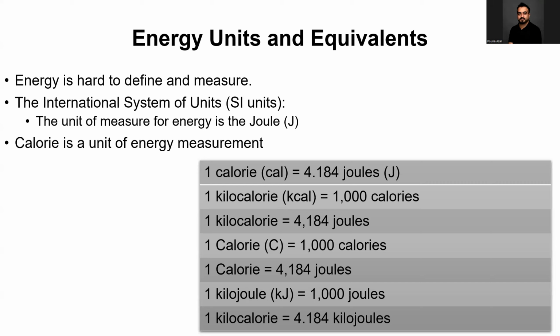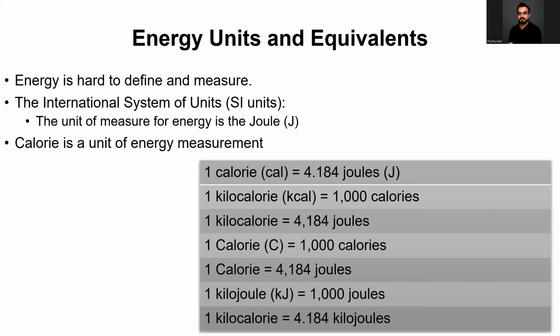Like for the weight, we have pounds or kilograms. For the length, we have feet, inches, meter, centimeter. For example, meter or kilogram, those are SI units, the International System of Units.